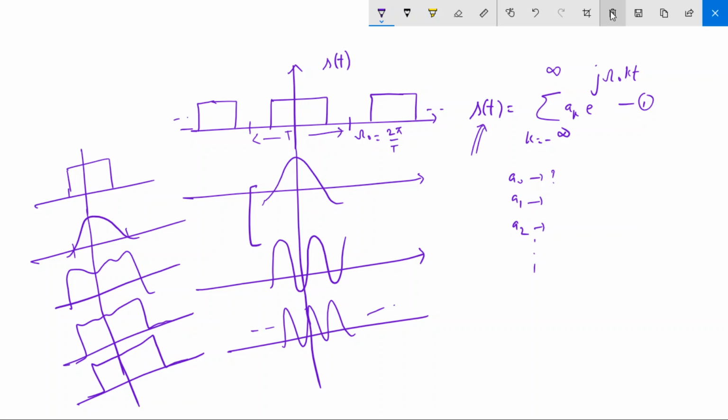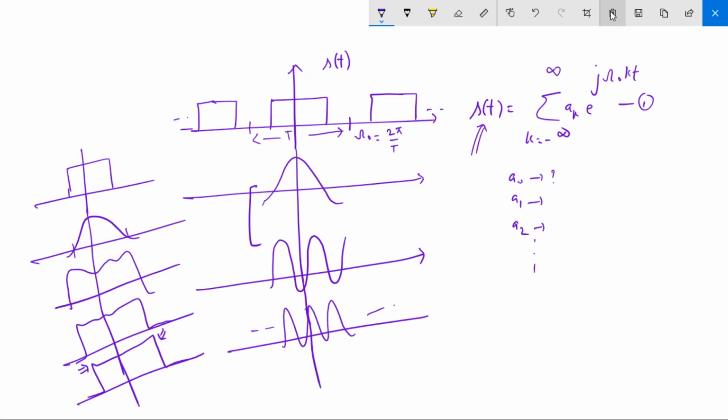But there are some problems at the edges where there is a discontinuity: this series never converges to the original value. There are some peaks here, but in between, where the signal is constant, you can get the flat portion exactly. This is called the Gibbs phenomenon, which we may discuss again when we discuss Fourier series.